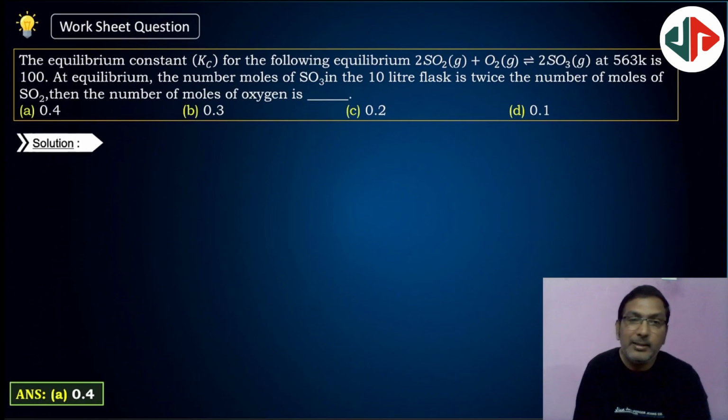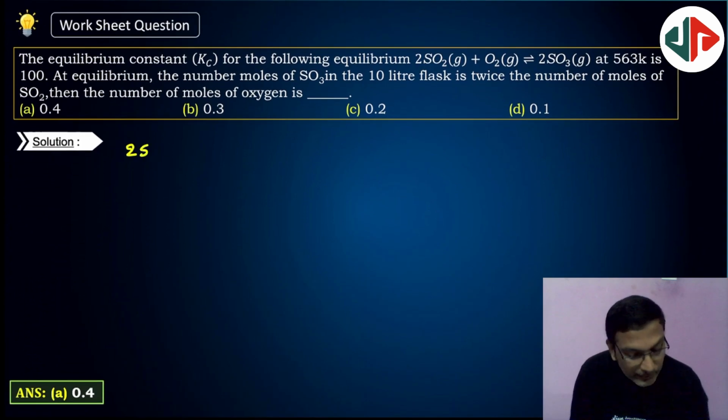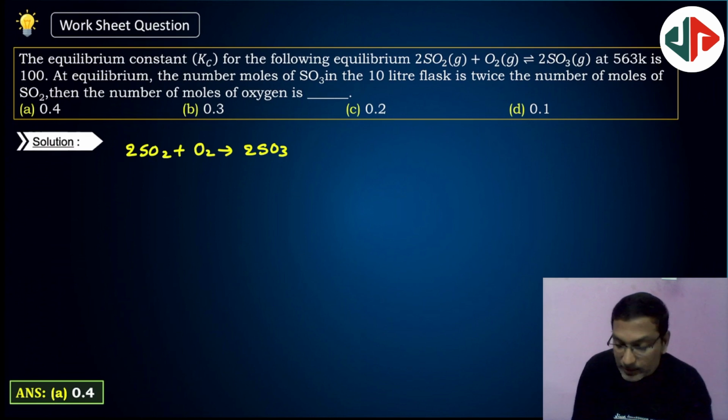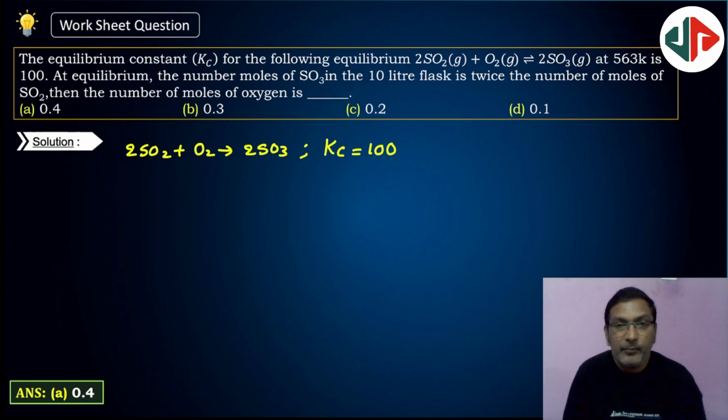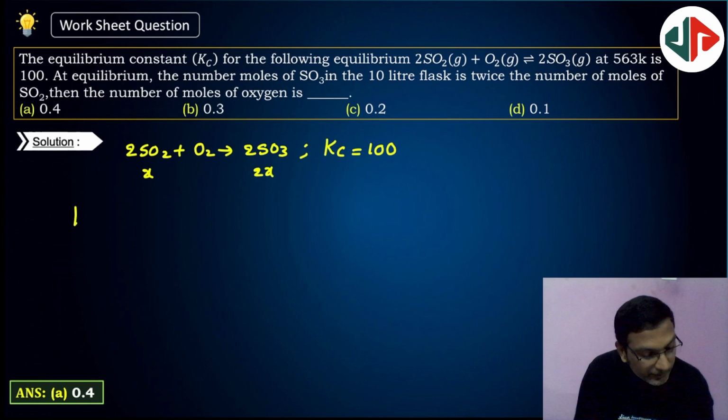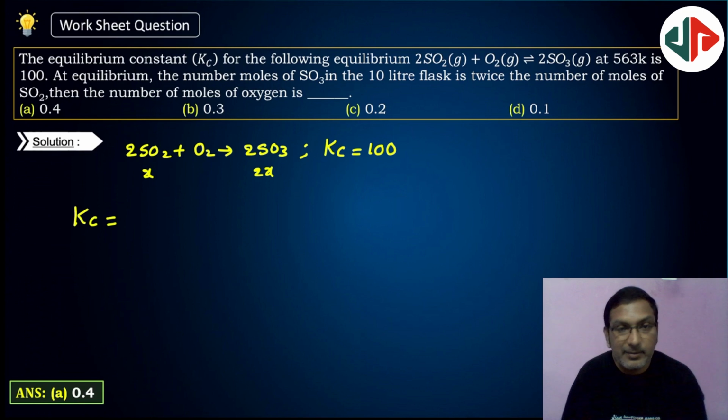Next, the equilibrium constant Kc for the following: 2SO2 plus O2 gives 2SO3. Equilibrium constant Kc is given as 100. The number of moles of SO3 in a 10 liter flask is twice the number of moles of SO2. Therefore, if SO2 is x, SO3 becomes 2x. Kc equals concentrations of products by concentrations of reactants.